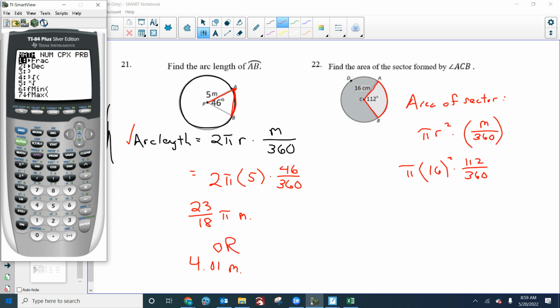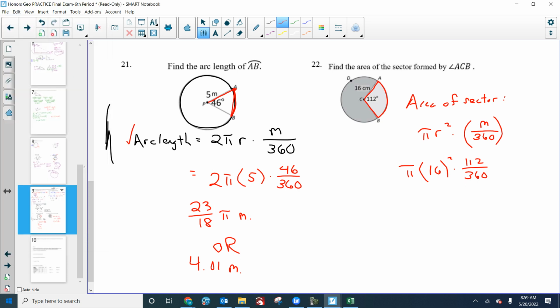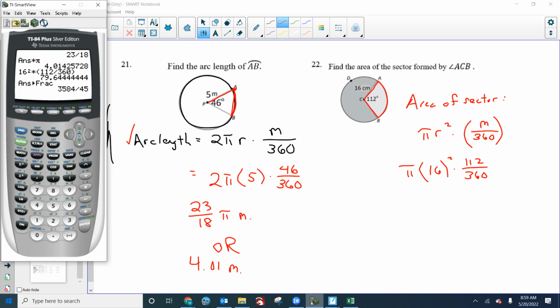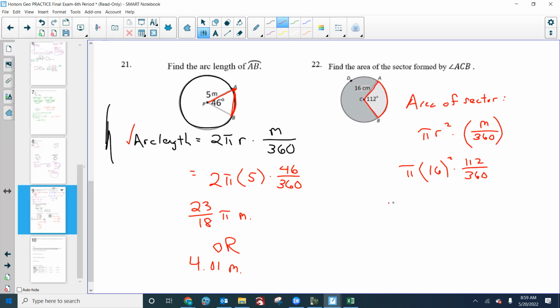So, yeah, these are ugly in terms of pi. That would probably creep you guys out if they put that as the answer on the exam.